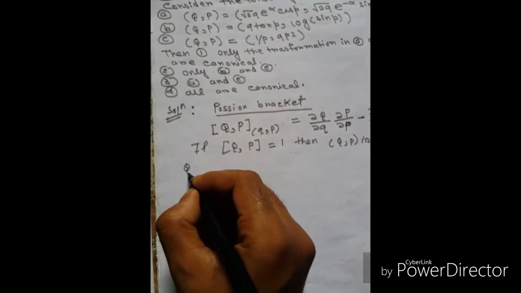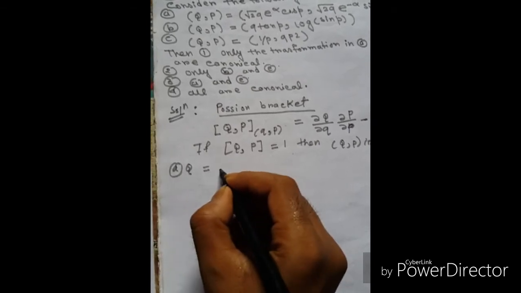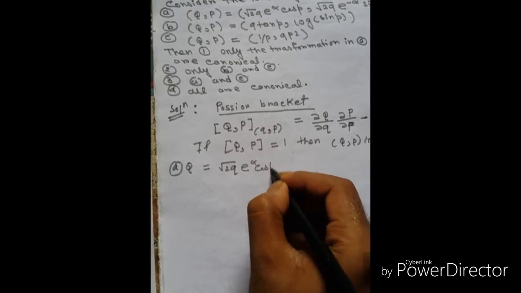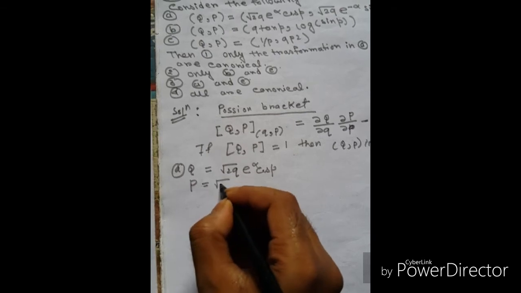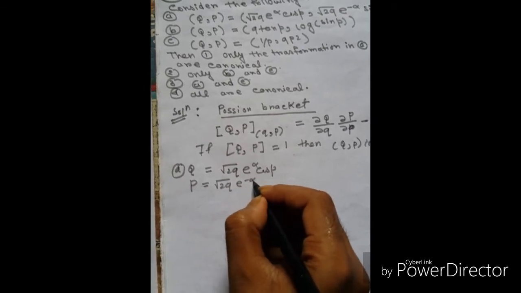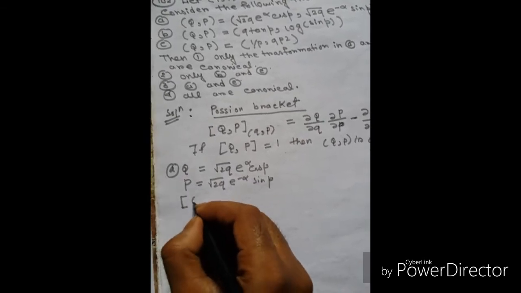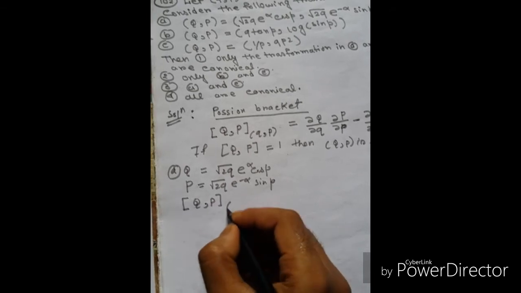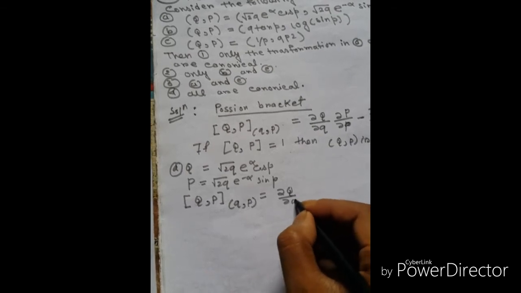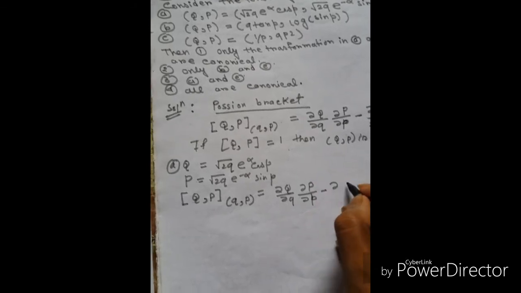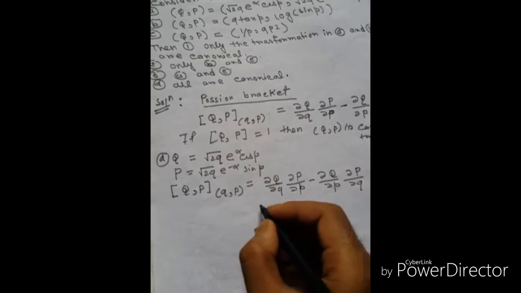First, Q equals root over 2q e to the power alpha cos p, and P equals root over 2q e to the power minus alpha sin p, right? So the Poisson bracket of Q, P with respect to q, p is del Q del q del P del p minus del Q del p del P del q.